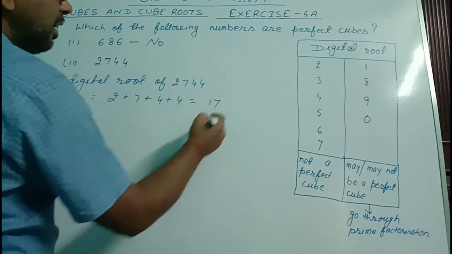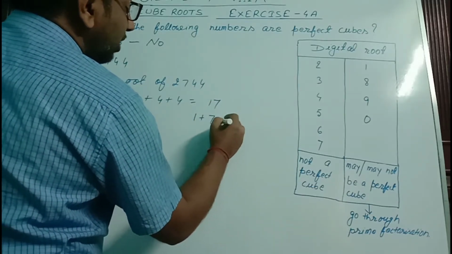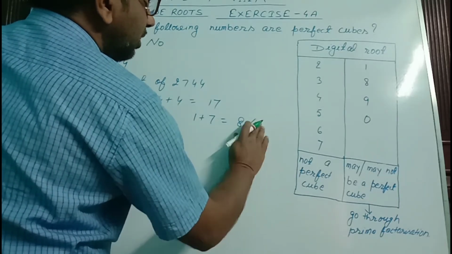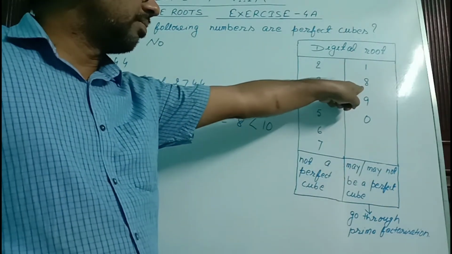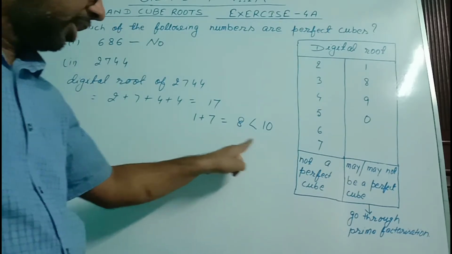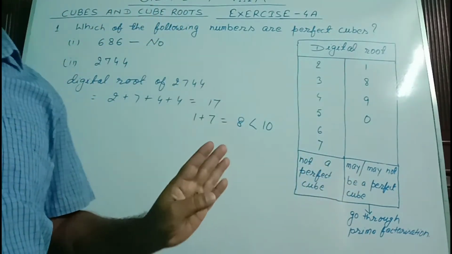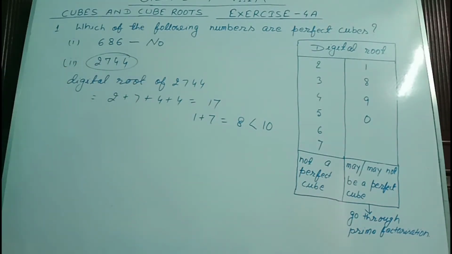This is more than 10. So again we will find the sum of 1 plus 7, that is equal to 8, that is less than 9. That is less than 10. Now you see this is coming in this column. 8 is here. If the digital root is 8, then we can't be sure whether it will be a perfect cube or not a perfect cube. Then only for this number we will go through prime factorization.